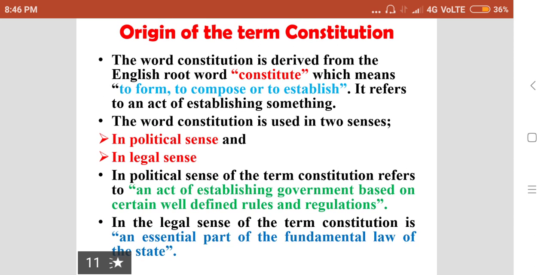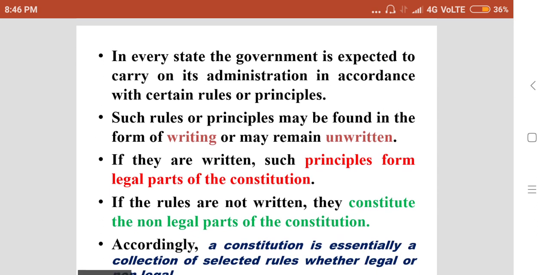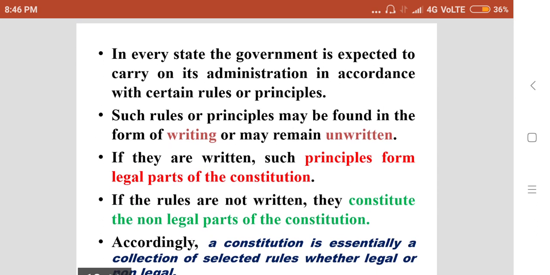In the legal sense of the term, constitution is an essential part of the fundamental law of the state. In every state, the government is expected to carry on its administration in accordance with certain rules or principles.